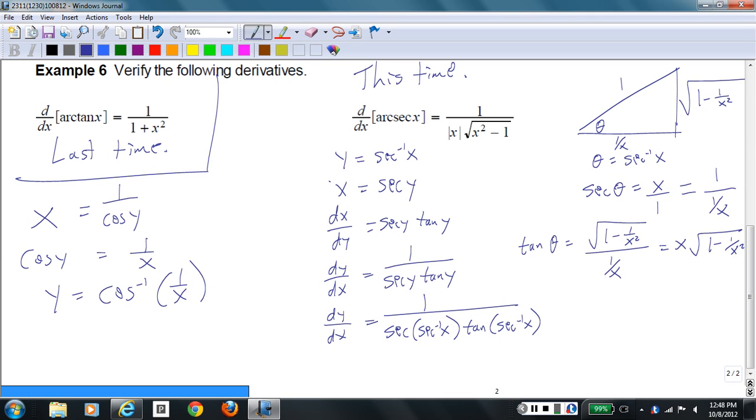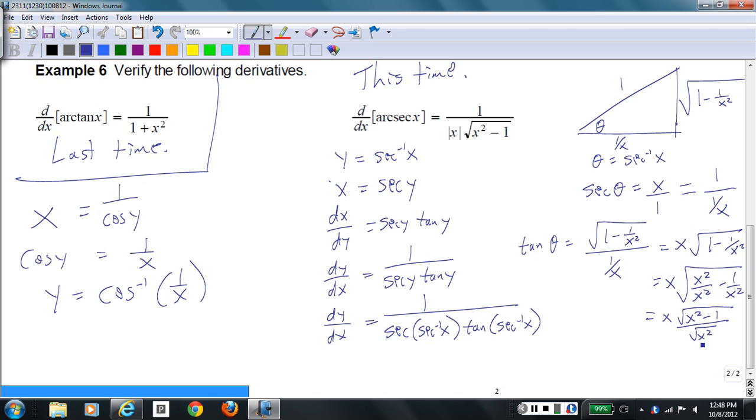We want to simplify that as much as possible, simplify the radical, simplify the fraction underneath the radical. So it's going to be x times the square root of x squared over x squared minus 1 over x squared, getting a common denominator there. And so that's x times, I'm going to skip a step here just because I'm short on space, the square root of x squared minus 1 over the square root of x squared.